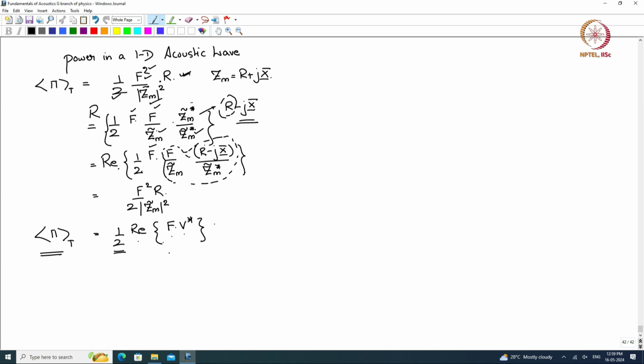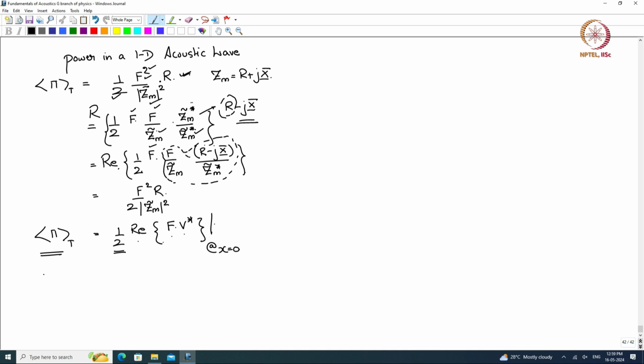So now what we are going to do is compute the power in the duct. So the time averaged power is given by this at x equal to 0.